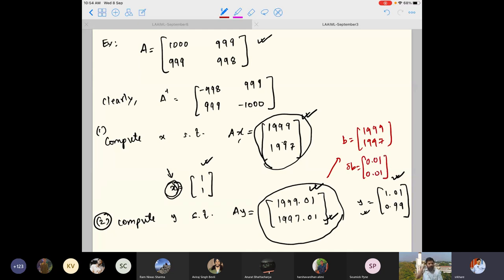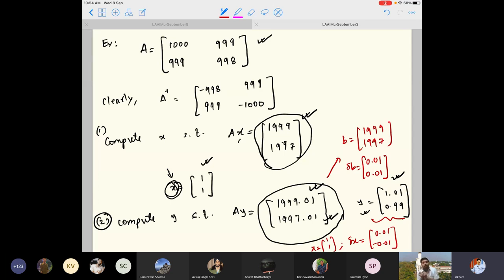So that is my delta B. You can see norm of delta B divided by norm of B is really very small. And with that small perturbation, in the notation of the theorem, delta X is also 0.01 and minus 0.0, right? That is the delta X that you got, and X is equal to 1, 1 in the notation of the theorem that we had. So reasonably small perturbation in X also.